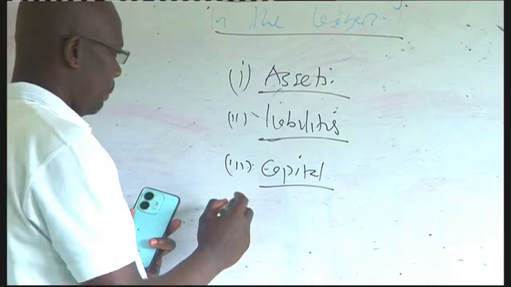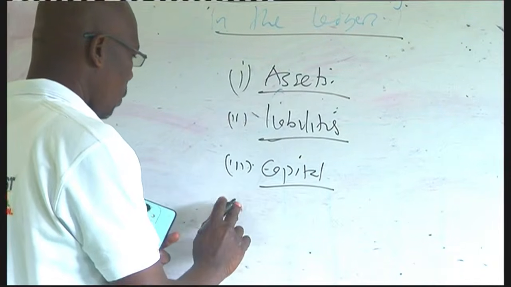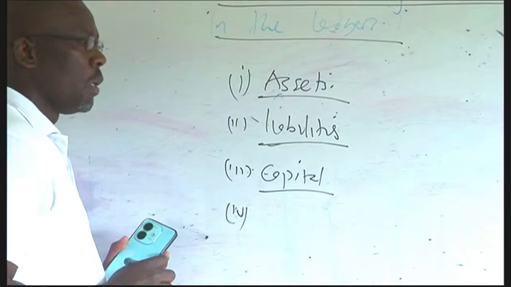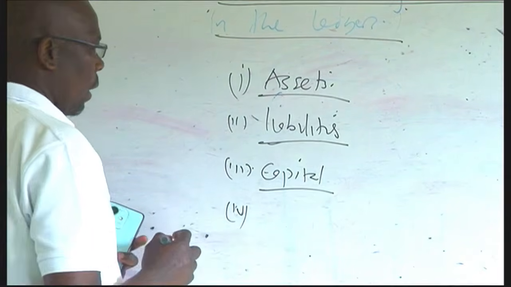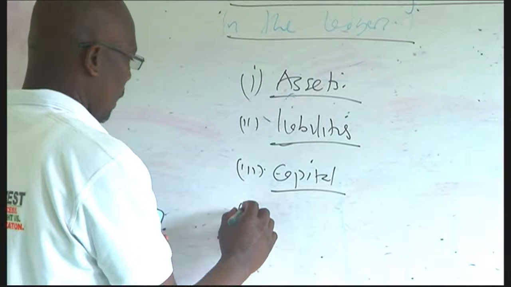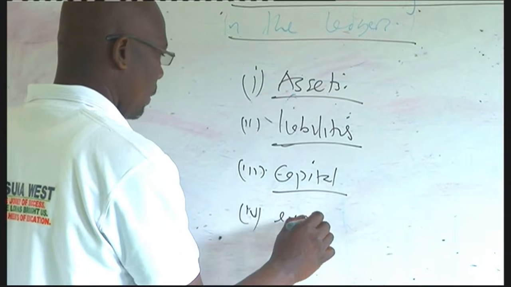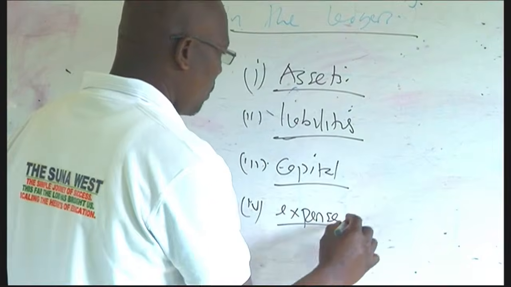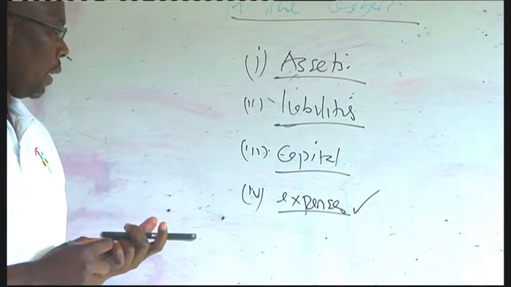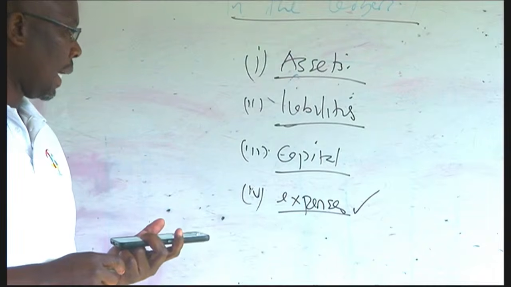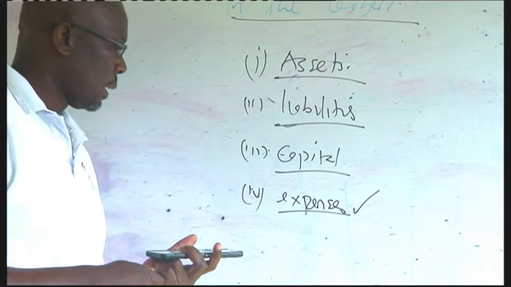Rule number 4. We have the transactions. Rule number 4, expenses. In a business, we must have expenses. We can incur expenses.